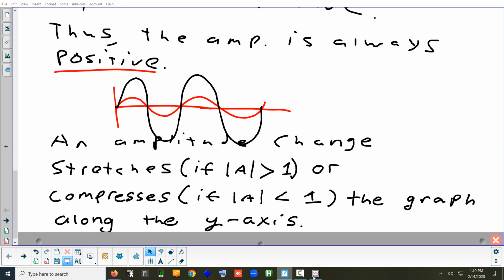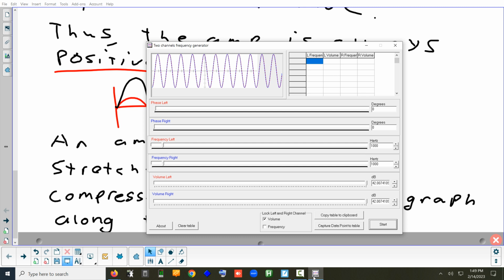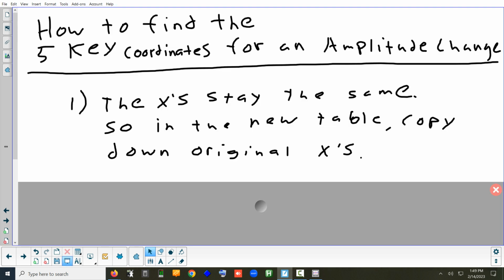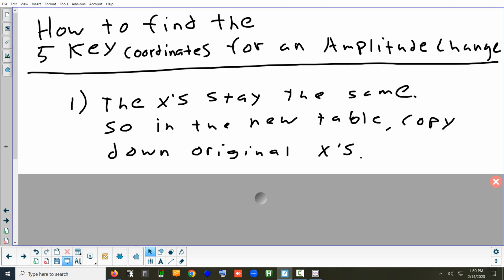So now let's think about a coordinate on this wave, like at that point right at the top. As you stretch and compress it, that coordinate has two numbers. It has an x and it has a y. Which value is changing? The y. Right? This point is basically moving up and down with every other point. They're all moving up and down. So what that means is if the y values are changing, the x's are staying the same.